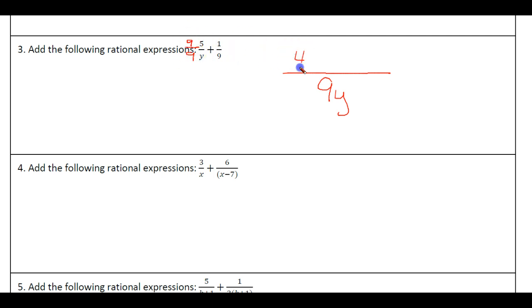So this becomes 45 over 9y, and this is a plus. And we want to make this 9 a 9y, so the 1 we're going to use is y over y. So this becomes a y here. Now that's our answer. I see the answer in the answer sheet is incorrect. This is the correct answer.